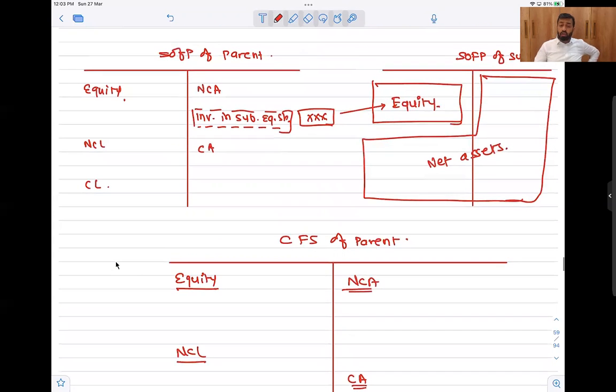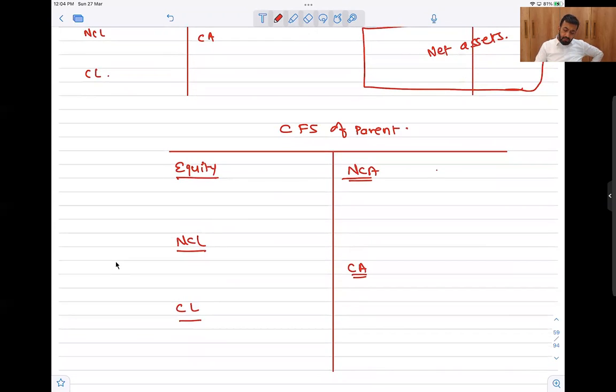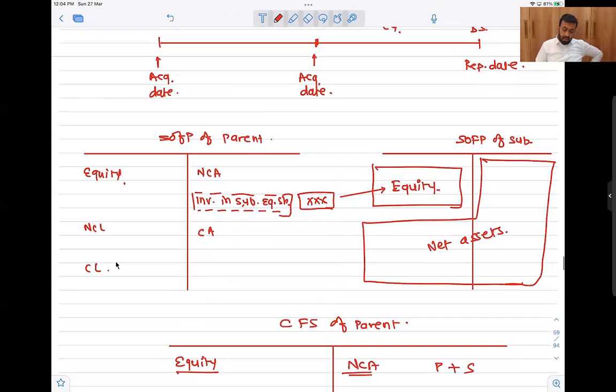Non-current assets: now what you are doing, instead of this line, you are replacing the net assets of a subsidiary. So it will have parent plus subsidiary, parent plus subsidiary, liabilities, parent plus subsidiary, parent plus subsidiary. This investment will go off and this equity of the subsidiary will go off. Everybody's with me?